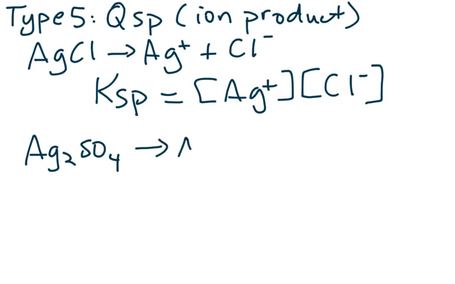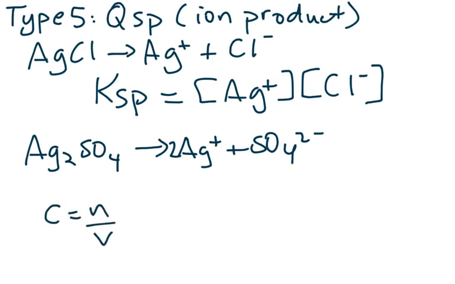So I'm going to dissociate this. And I know I have 250 milliliters of 0.01. So I have to use C equals n over V to find the number of moles. So I have 0.01 as my C. My volume is 0.25 liters.